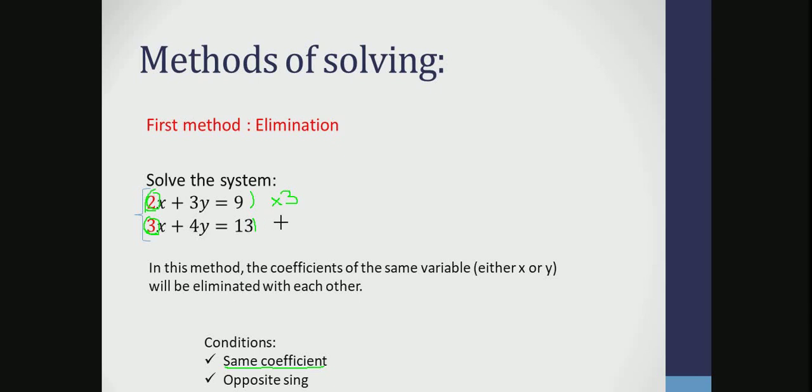So we will multiply it by 2. And if we multiply the first equation by 3 and the second equation by 2, the first condition will be correct because the coefficient here will be 2 times 3, 6, and the coefficient here will be 3 times 2, also 6, so the same coefficient is correct.